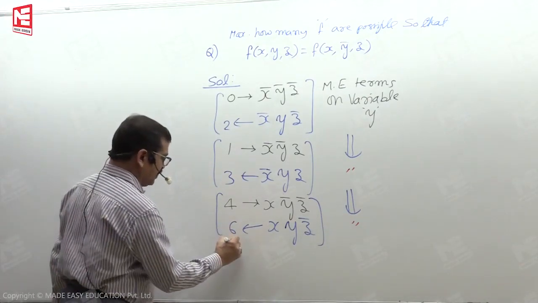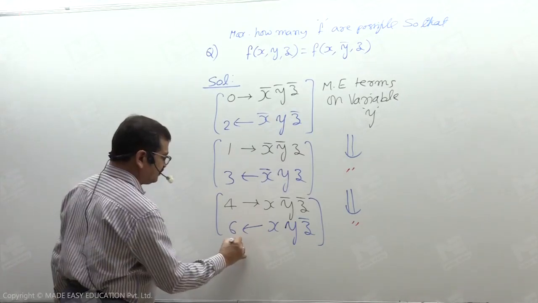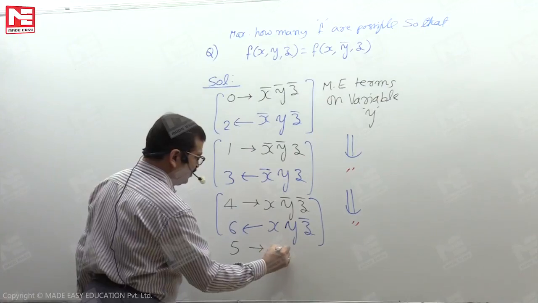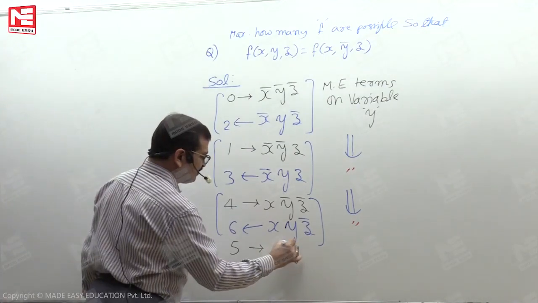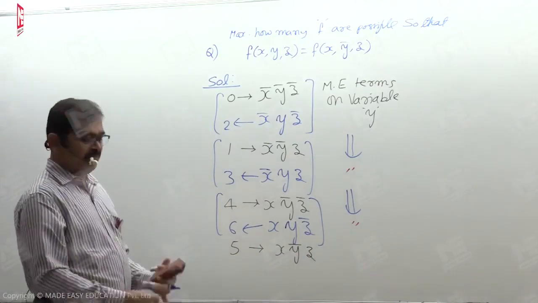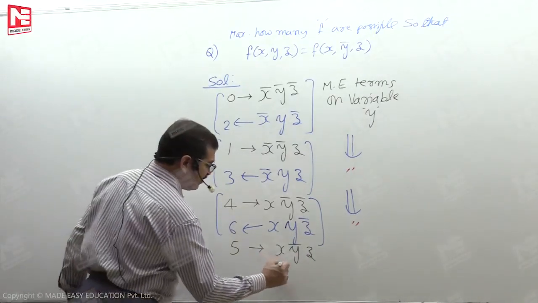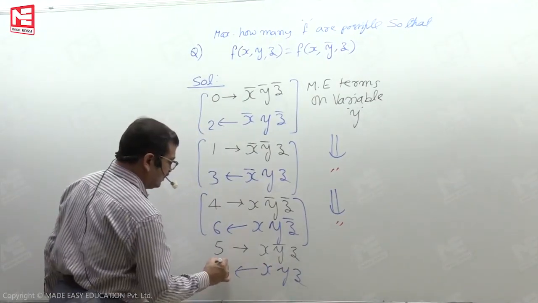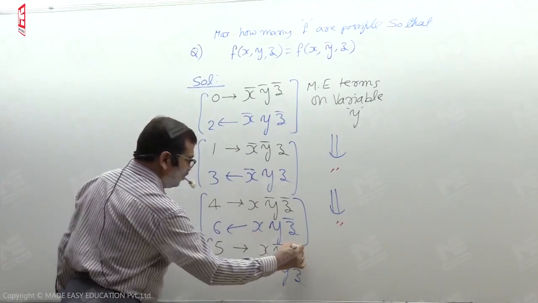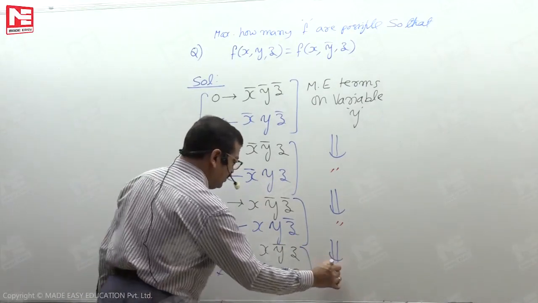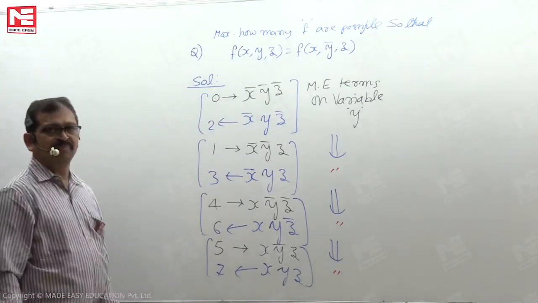And one last pair possible is 5 and 7. The product form of 5 is x, y complement, z. While taking the complement on the literal y bar, it is x, y, z. The equivalent decimal number is 7. So it is another mutual exclusive pair on variable y.